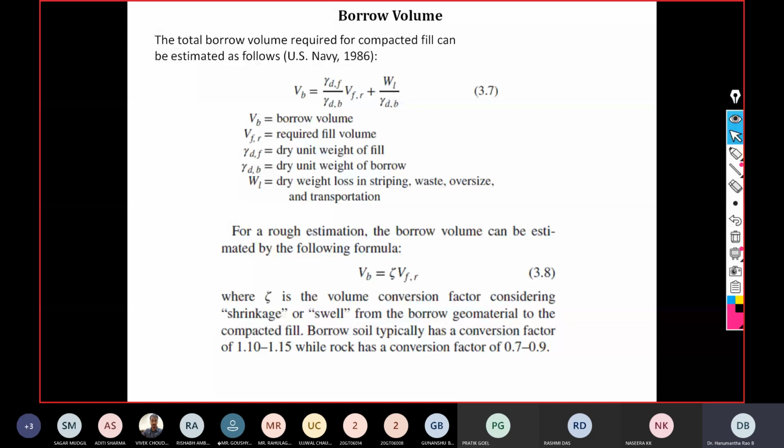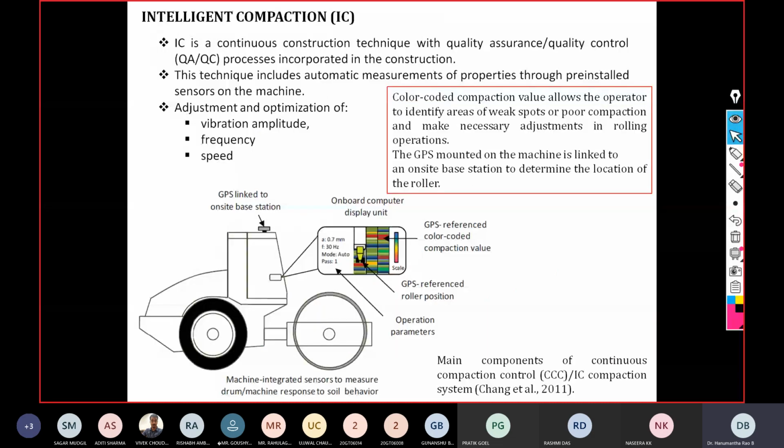Full compaction. So this is slightly deviated from whatever compaction you dealt with in your compaction test. Basically, here we dealt with how to determine the lift thickness, how to determine the number of passes, and how to determine the density in the field and optimum moisture content in the field.